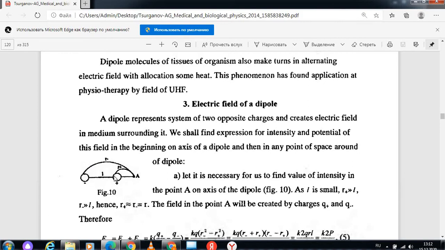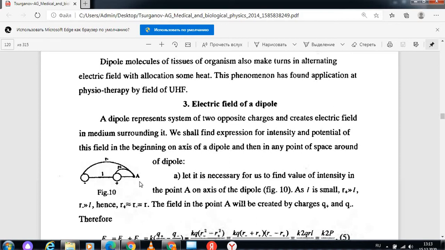As L is small enough, the distance between two charges is much less than the distance to the point of the field, or you could say that the distance from the point of the field is much bigger than the arm of the dipole.